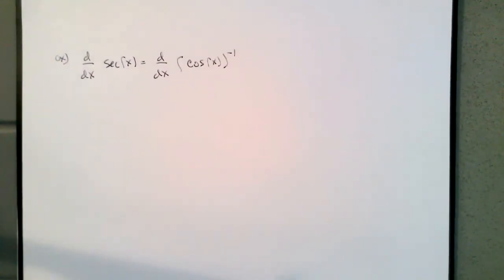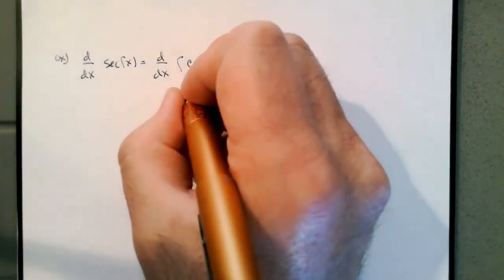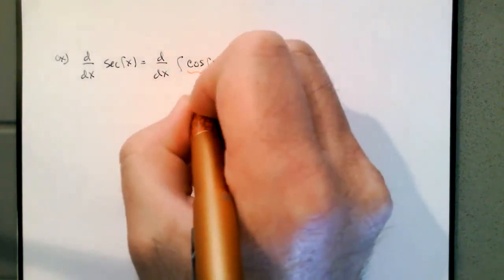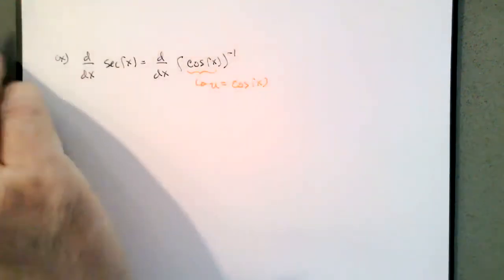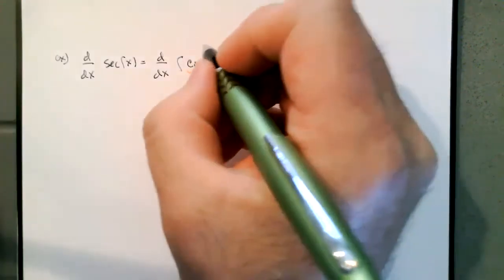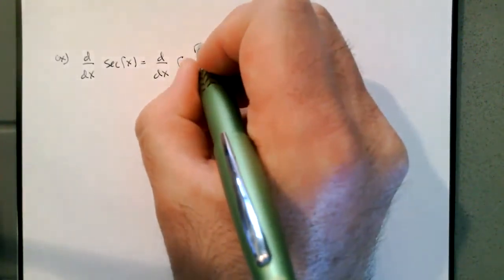So in this case, we're viewing it as the cosine x function being plugged into the 1 over x function, or the x to the -1 function. So our inside is cosine x, and cosine x is plugged into the -1 function.